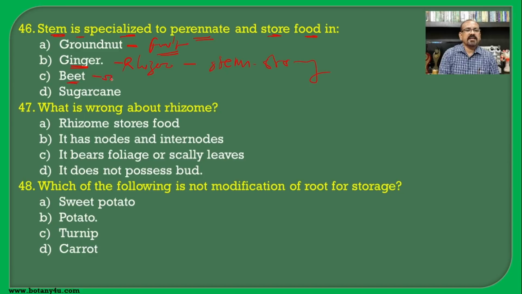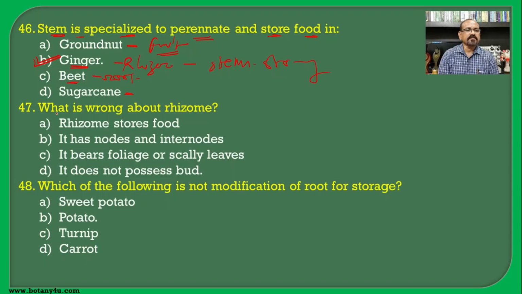Beet is an example of a root, and sugarcane grows above the ground and not underground for storage. Perennation means growing inside the soil, so ginger, an example of a rhizome, is specially designed for perennation of the plant body.